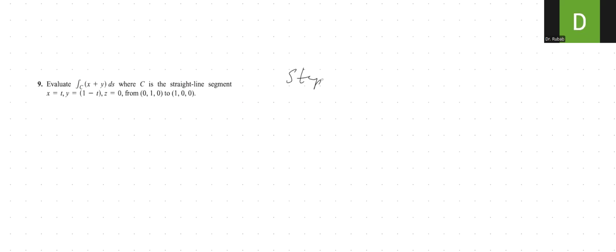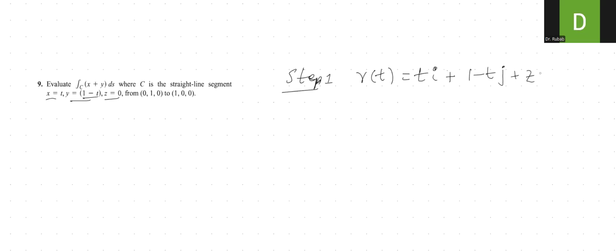According to the formula, step number 1, we want the parametric equation. So this is the x part, the y part, and the z part. The i component is t, the j component is 1 minus t, and the k component is 0.